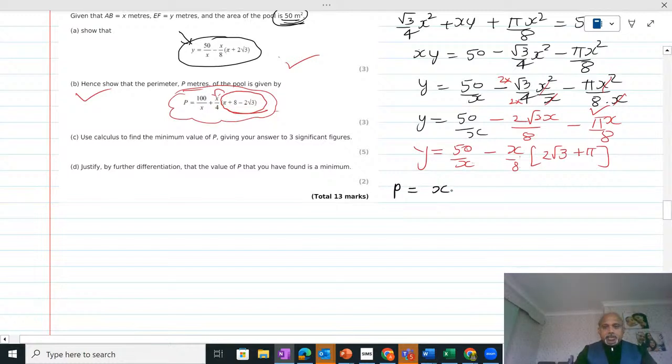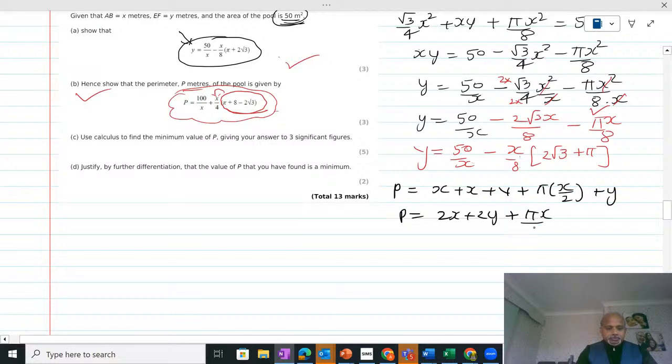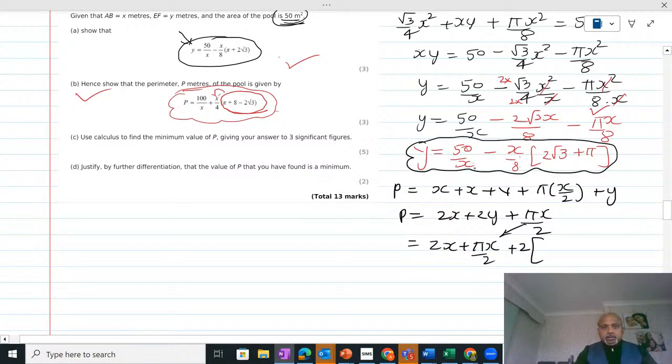So for the perimeter you can write down x plus y plus the semicircle 2 pi r, and then half will be pi x by 2, and plus y. So if you add it, it should be 2x plus 2y plus pi x by 2. Now I have written pi x by 2 here and plus 2, and put the value of y from here. Why?